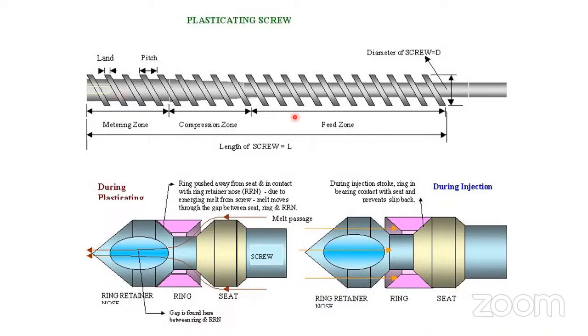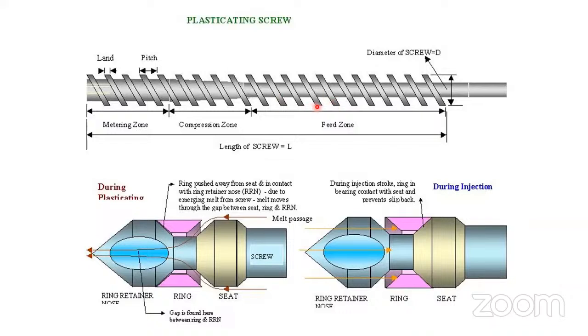What is the function of the feed zone? The function of the feed zone is to take the material from the hopper. The hopper is here, and taking material from here is its job. See the flight depth. Flight depth is higher in this case here, very high flight depth.